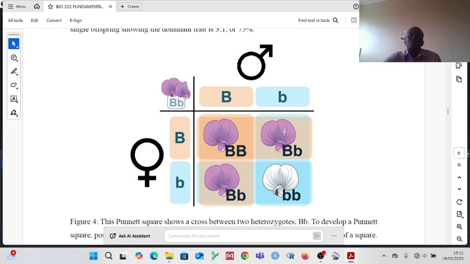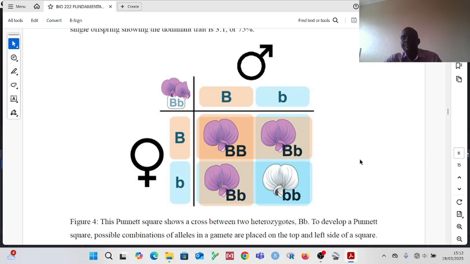But now, if the two recessive alleles, one from the female, the other one from the male, if they meet, then now we have a homozygous case, but it's a recessive now. So the color that is recessive, in this case white, can only be expressed when we have a homozygous recessive situation. So in terms of phenotype, we have 3 of the same color, then we have 1 of a different color.